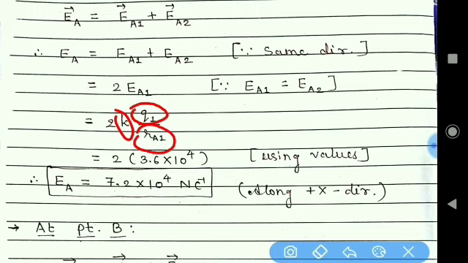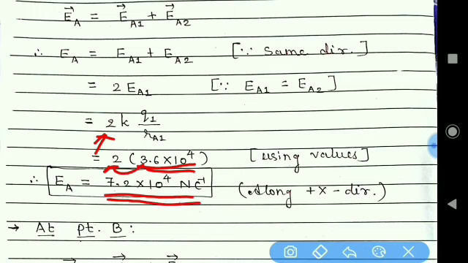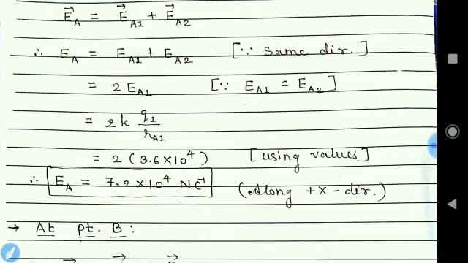So by putting these values, finally we will get this answer for this electric field, and when it is multiplied by 2, we will get the electric field at point A. Now we obtained the electric field, but its direction is also important.